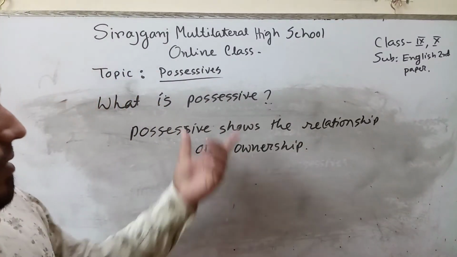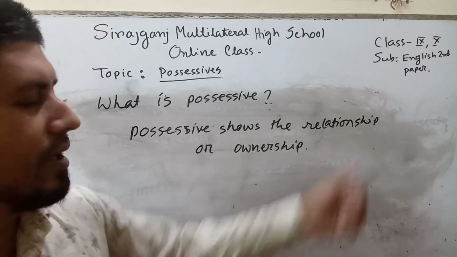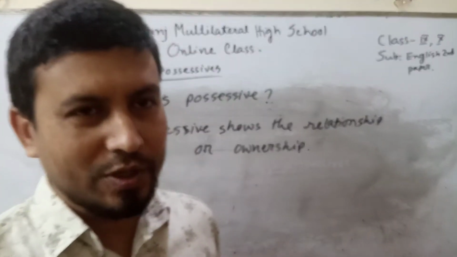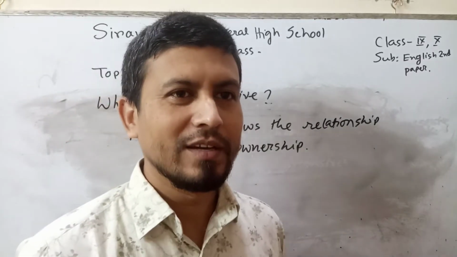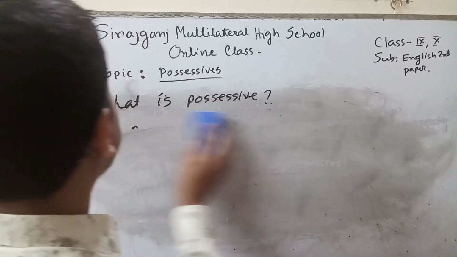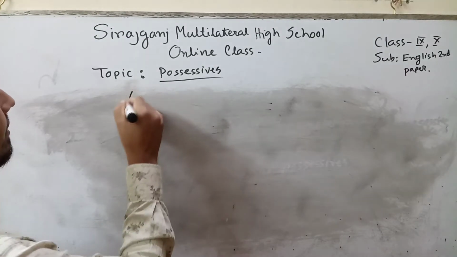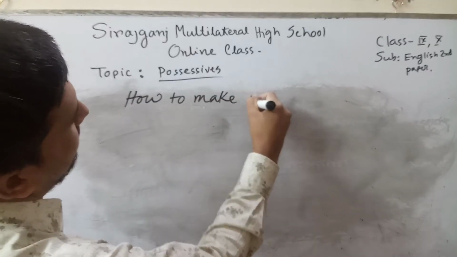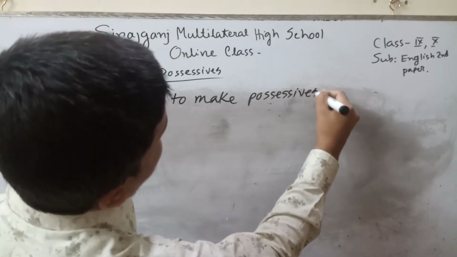Possessive is actually possession, that is ownership or relationship. Now, I will show you some examples and rules of how we can make a possessive case or possessive nouns. How to make possessives.